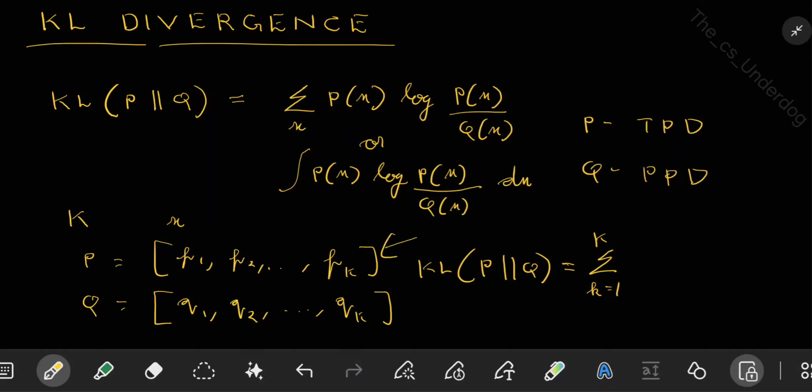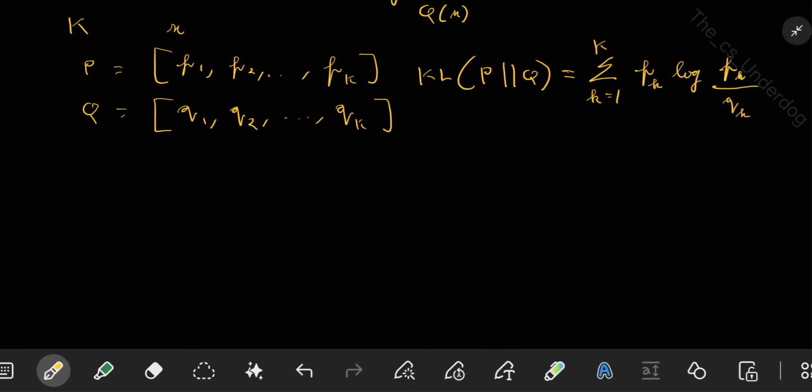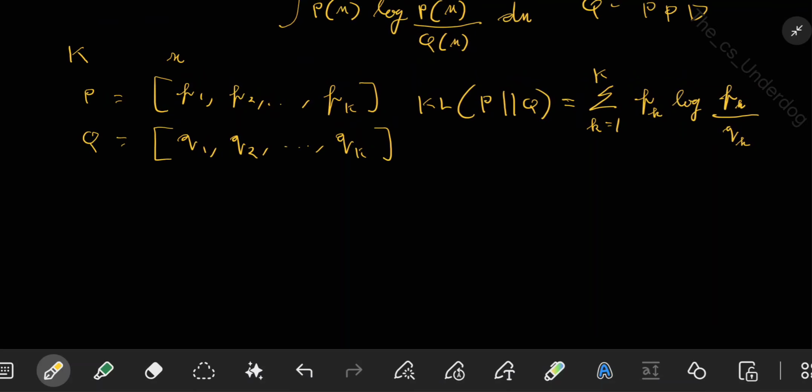In this case, it is Pk log Pk by Qk. Look at this formula closely. You'll understand something. There is a very close relation with cross entropy that we learned in previous lectures. Think about this formula very clearly.